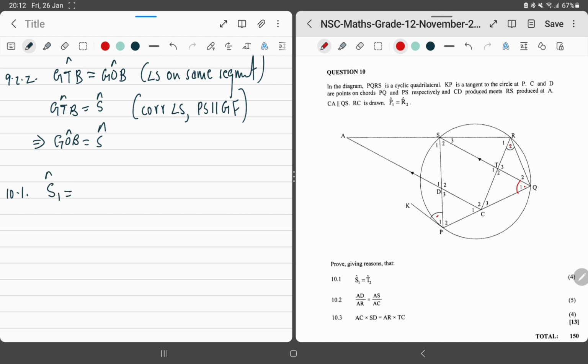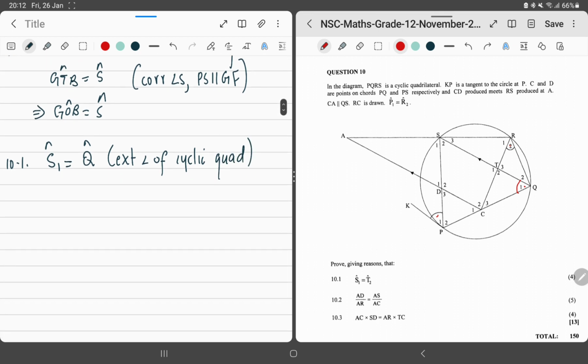S1 is equals to the whole of Q. S1 is the exterior angle of this cyclic quad, so it must be equals to the whole of Q. And this is because of the exterior angle of the cyclic quad. If I can prove that T2 is equals to the whole of Q, then these two will be equals to each other.